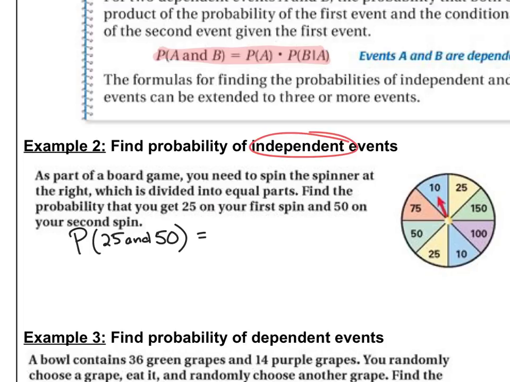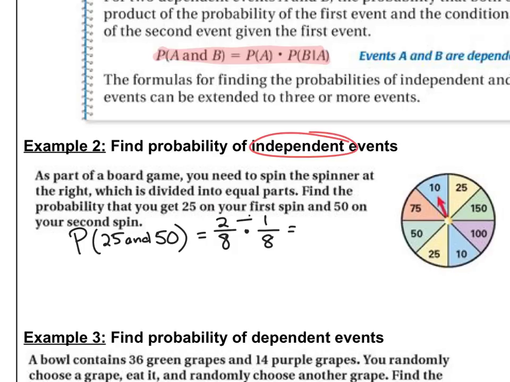So what's the probability that I will get a 25? There are 2 on here, and there are a total of 8 on that spinner. So the probability of a 25 is 2 out of 8. The probability of a 50 will still be out of 8, and there is only one of them, so 1 out of 8. So we will then just multiply.